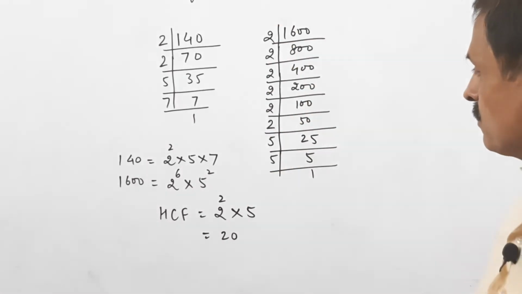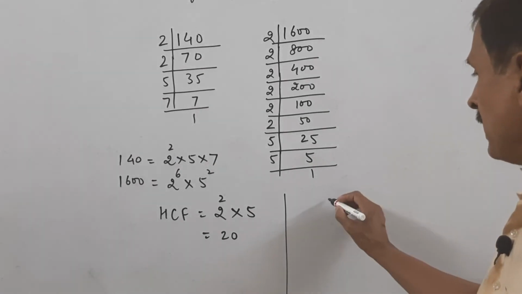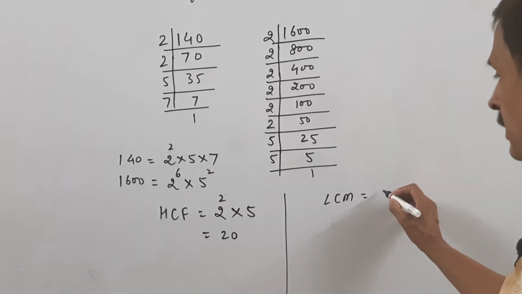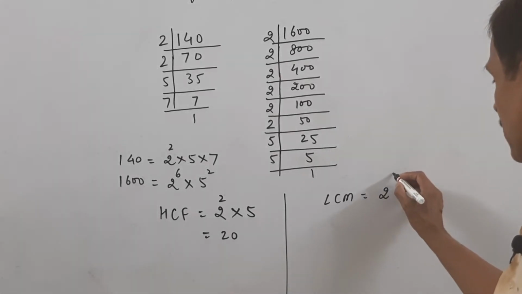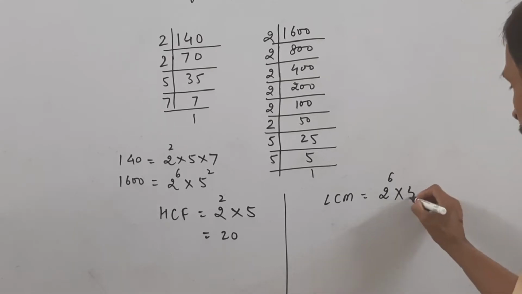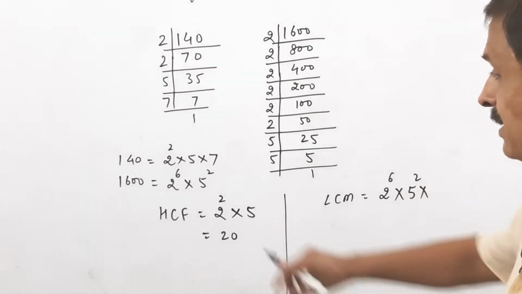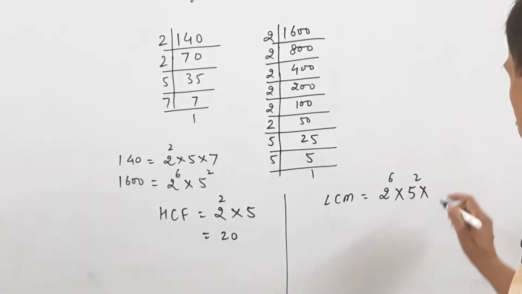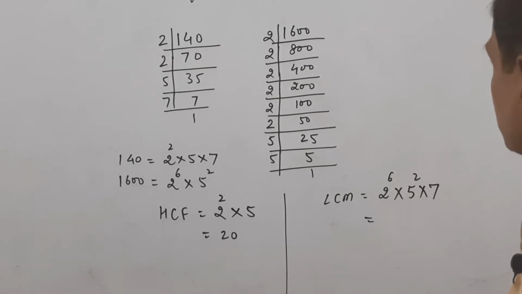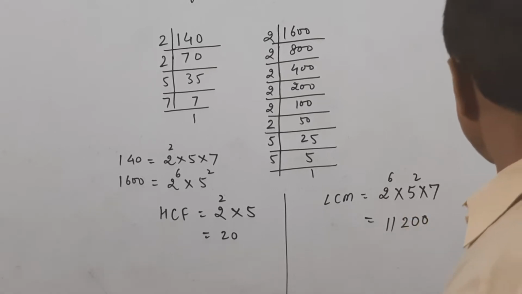After prime factorization, we observe the prime factors, and LCM of the two numbers is the product of common factors with the highest powers, 2 to the power 6 into 5 square, and all other non-common factors. 7 is not a factor which is common to both, so this is a non-common factor, and this is 11,200.